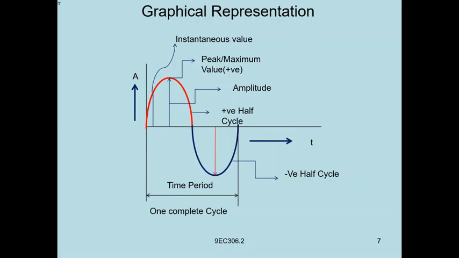So this is the sinusoidal wave representation. This is the graphical representation. So already we saw the mathematical representation, and now it is the graphical representation. And this also can be represented in phasor form. See here, the time for completing one cycle is 0 to 2 pi.